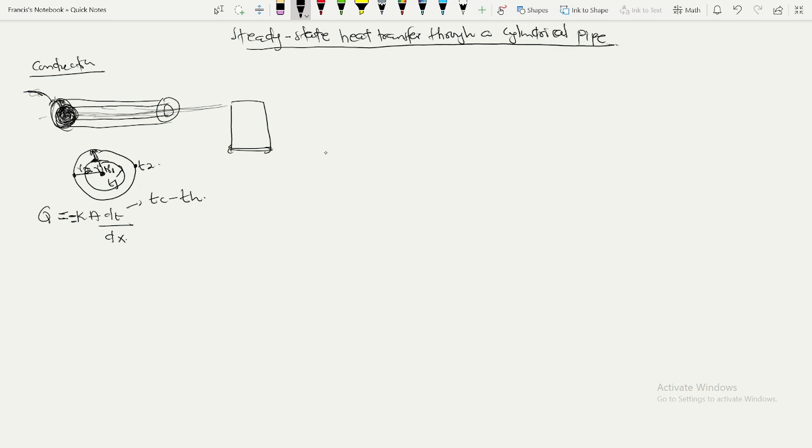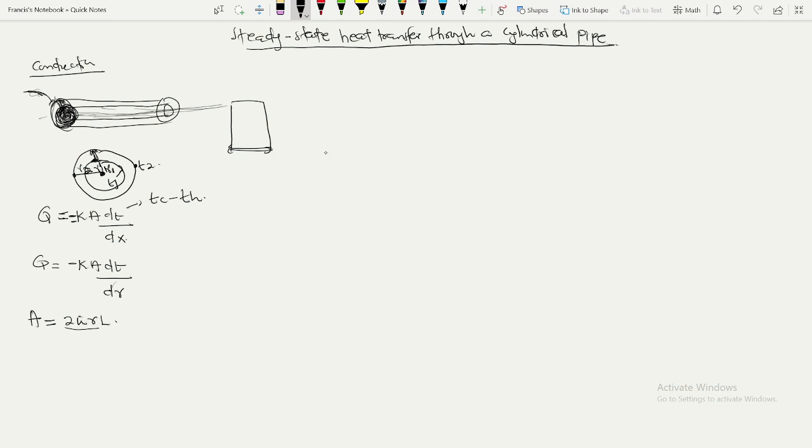And now because the transfer will be in the radial direction, we are going to get minus KA dT over dr, so our dx now becomes dr because it's in the radial direction. And because we are now looking at a cylindrical pipe, our area here wouldn't be length times breadth. It will now be 2 pi rL.